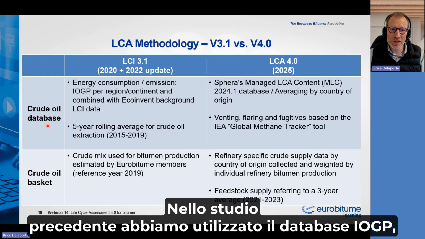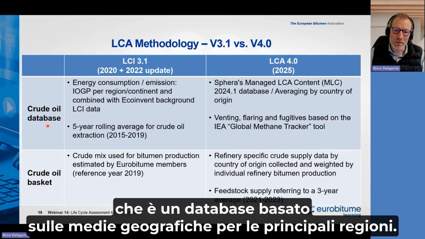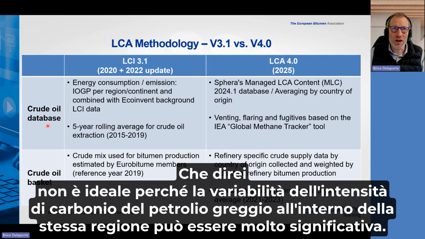In the previous study, we used the IOGP database, which is a database based on the geographical averaging by big regions, which I would say is not ideal because the variability of the carbon intensity of the crude oil within the same region can be very important.